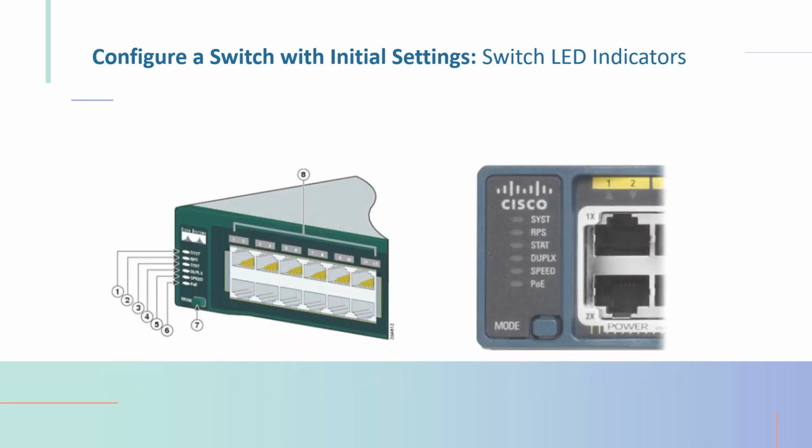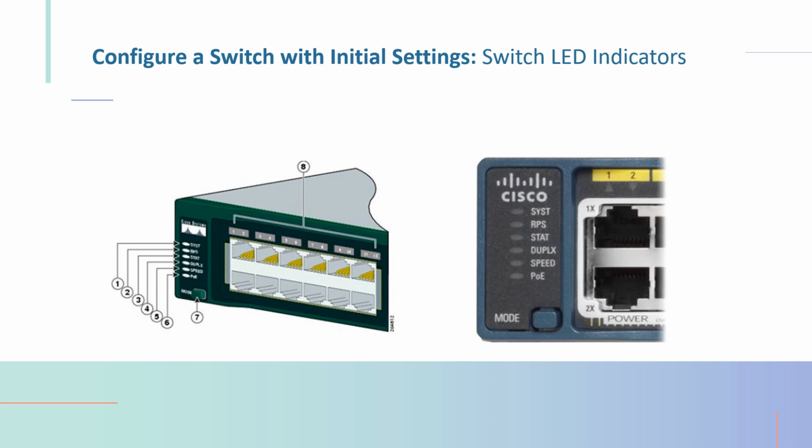Here in this slide is shown the switch LEDs and the Mode button for a Cisco Catalyst 2960 switch. The Mode button is used to toggle through the port status, port duplex, port speed, and if supported, even the power over Ethernet. In the slide, it is number 7. This button is the Mode button.